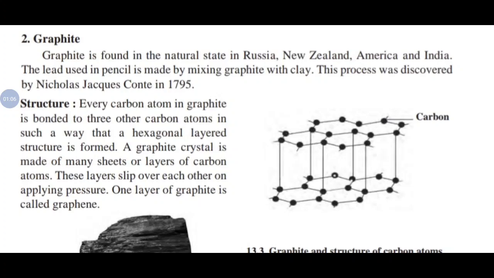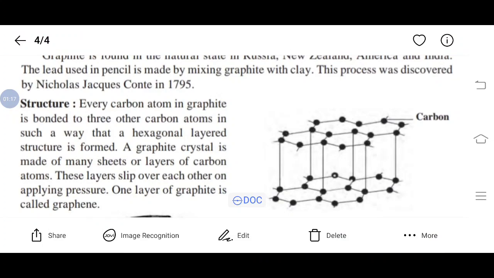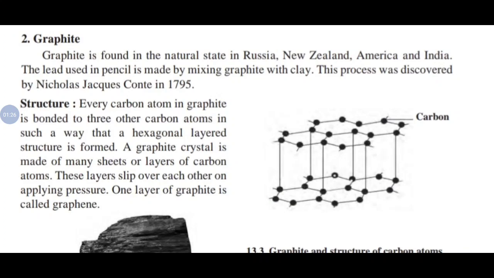Now see on the screen what is given. Graphite is found in the natural state in Russia, New Zealand, America and India.